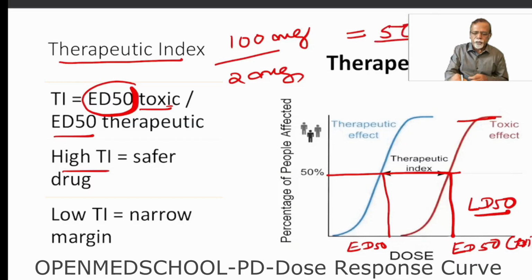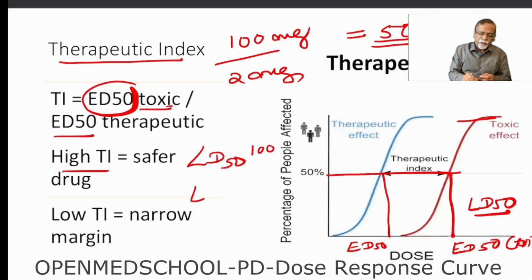So this is a high therapeutic index. Another drug, the LD50 or ED toxic is again 100, and the ED50 is 50. What will be the therapeutic index? It will be 100 by 50, equal to 2.